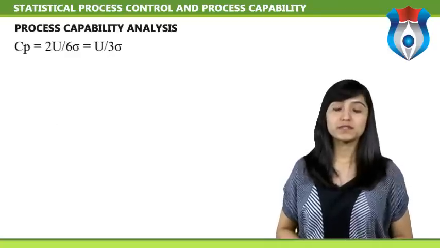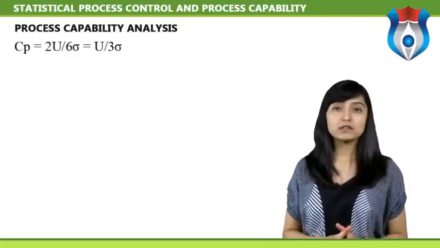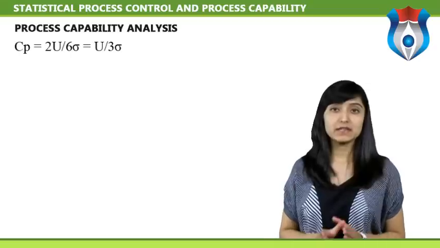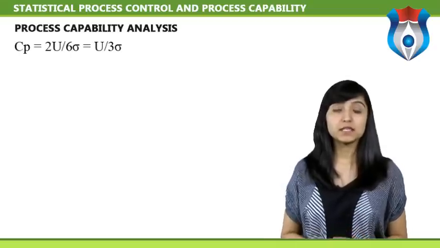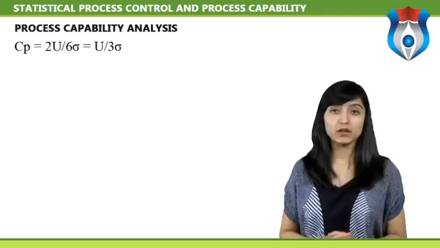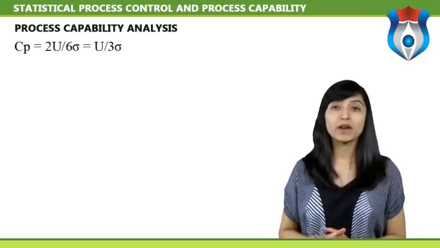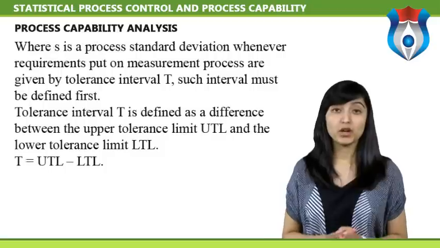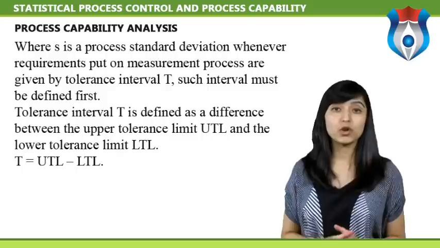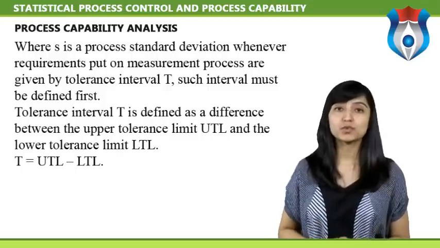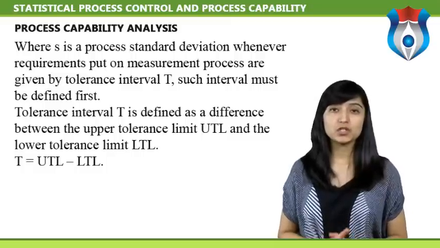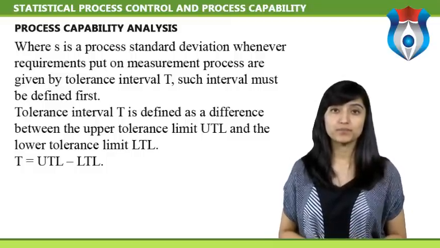For measuring process given by expanded uncertainty U, capability index CP is calculated as CP is equal to 2U by 6 sigma, which is equal to U by 3 sigma, where sigma is a process standard deviation, whenever requirements put on measurement process are given by tolerance interval T. Such interval must be defined first.